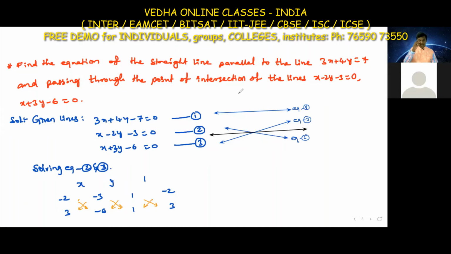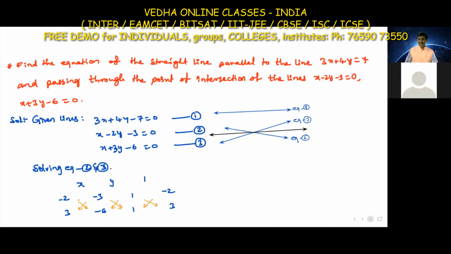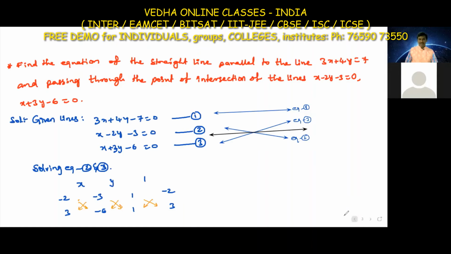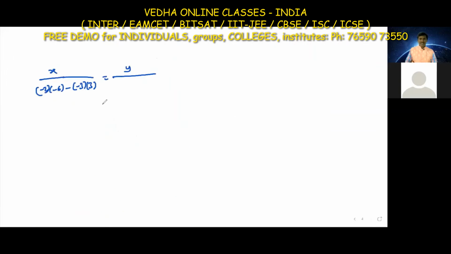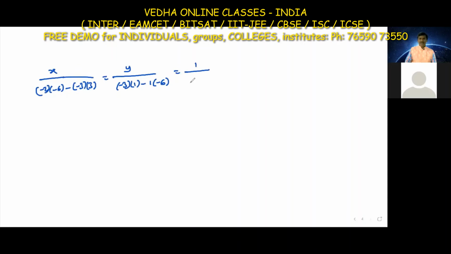If we apply it: x divided by (minus 2 into minus 6, minus minus 3 into 3) is equal to y divided by (minus 3 into 1 minus 1 into minus 6) is equal to 1 divided by (1 into 3 minus minus 2 into 1).